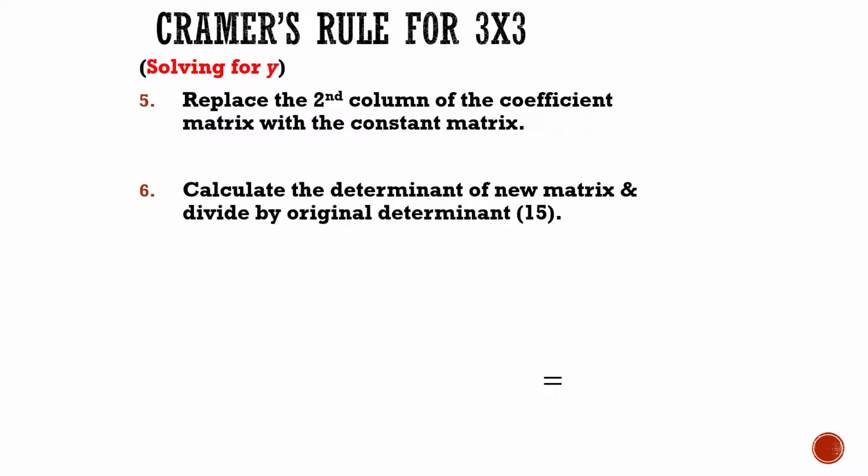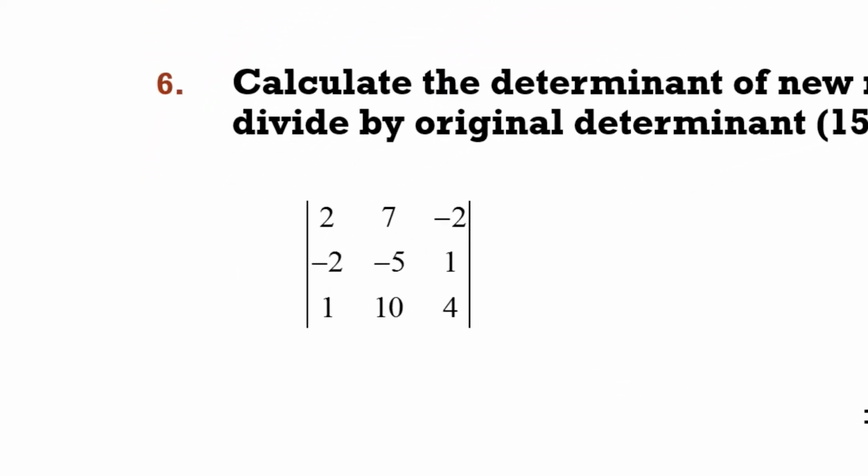And so the y column has been replaced with the constant column. So we have the resulting matrix. To solve the determinant, we repeat the first two columns.